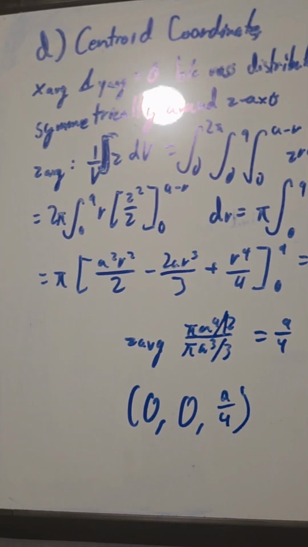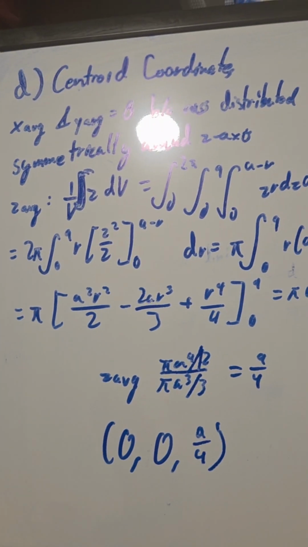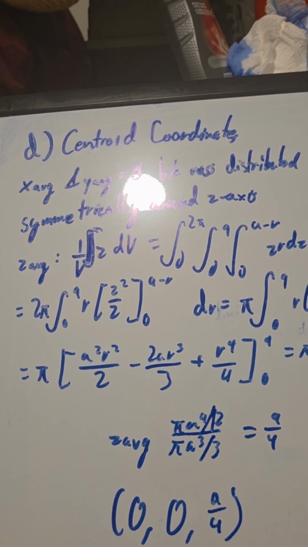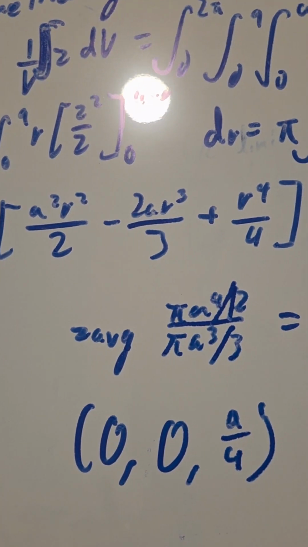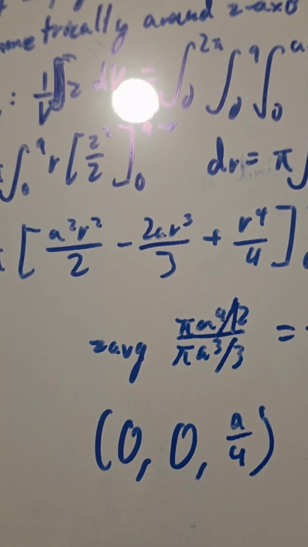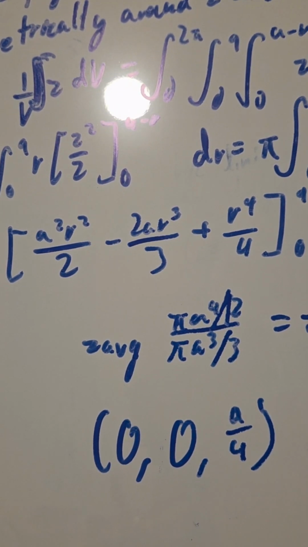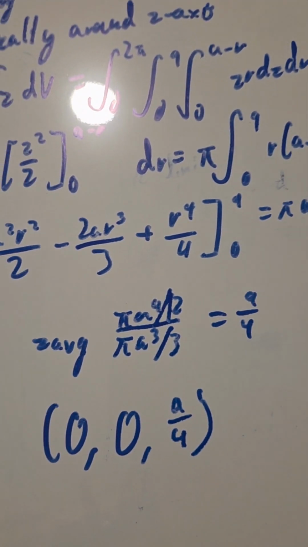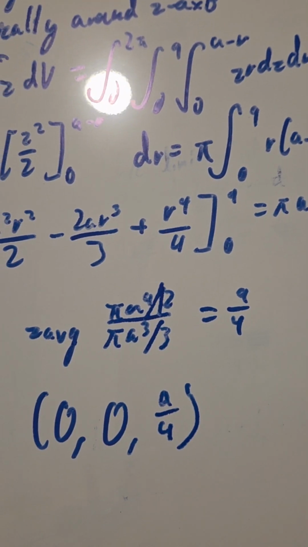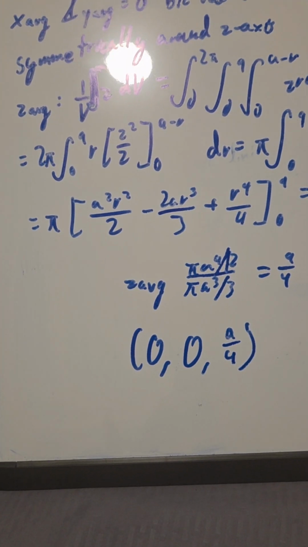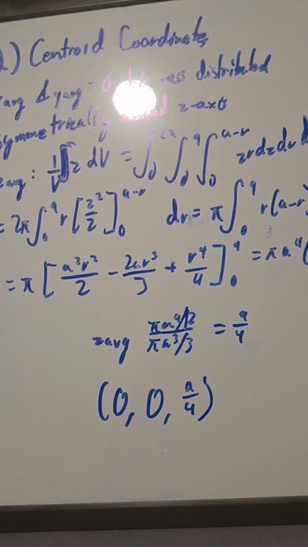We get a nice simplified average of a over 4 after we divide by V, which was found in the previous part, which is pi a cubed over 3. So once we divide that, we get a nice a over 4, which gives us our centroid, which is (0, 0, a over 4).